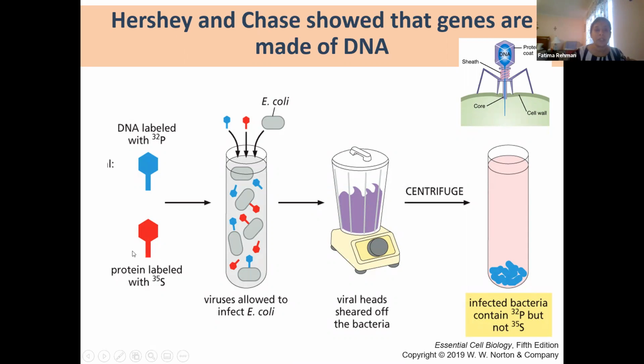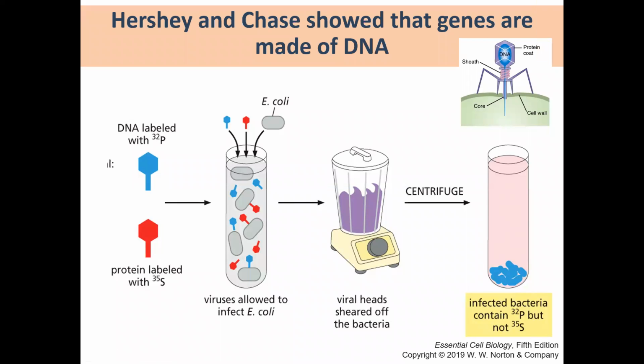And in the second case, they had them in an environment where they had radioactive sulfur as the only option available. So any amino acid that used sulfur would have been labeled with radioactivity as it was made. Does that make sense? Yes, ma'am.